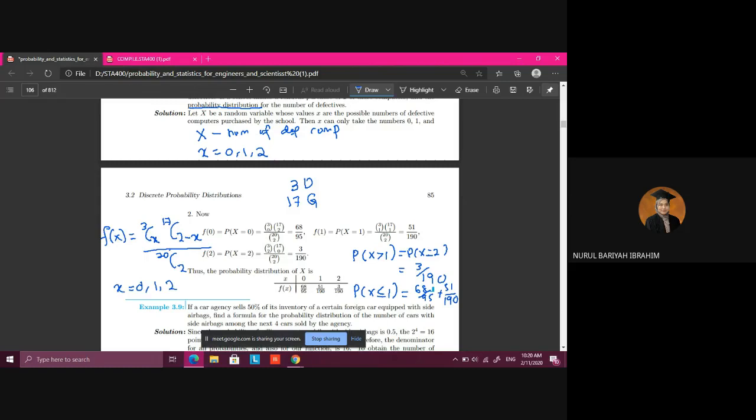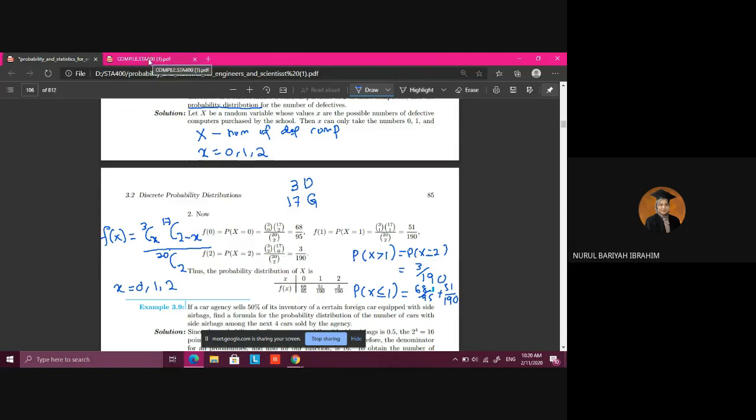So for some experiments, we can create the formula. It depends, but usually for combinations, we can create the formula. So from the formula that we create, we can find the probability distribution table.